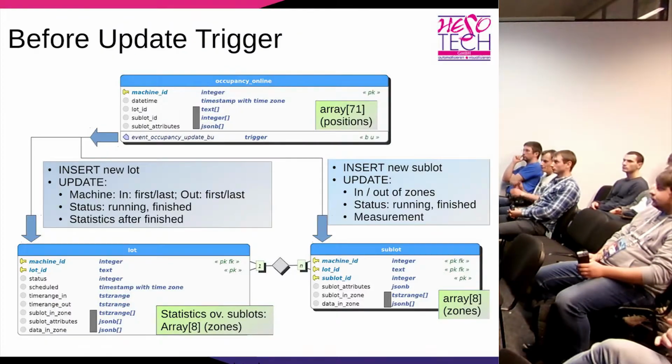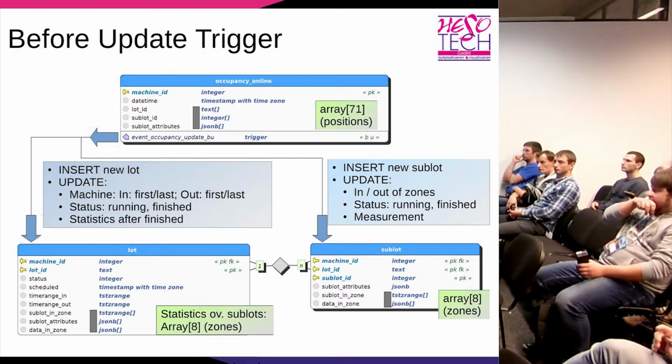That is, when did the first cage come into the machine, and when did the last cage come into the machine, and then the same when going out. When did the first go out of the machine, and when did the last go out of the machine? And all these things can be done within this trigger. We use PGSQL for that.